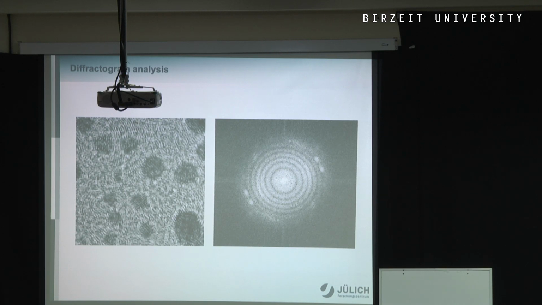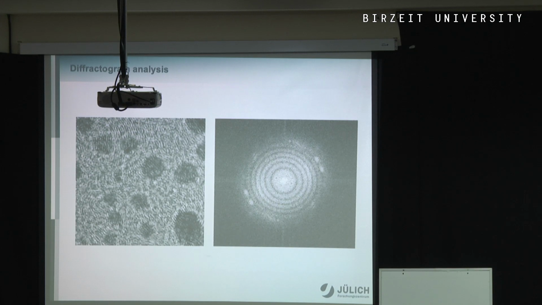If you were to record a diffraction pattern by pressing the diffraction button on an electron microscope, what you would see is some diffraction spots corresponding to the angles at which you have lattice planes which are diffracting in particular directions according to Bragg's law.